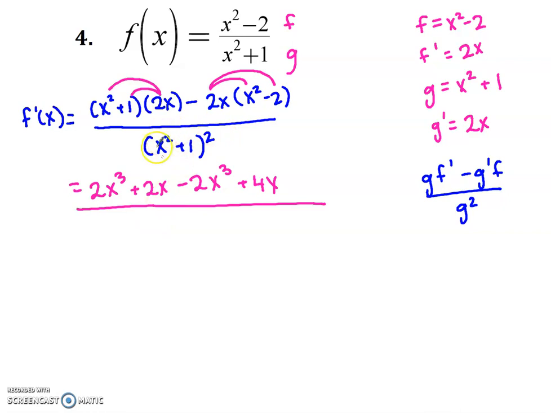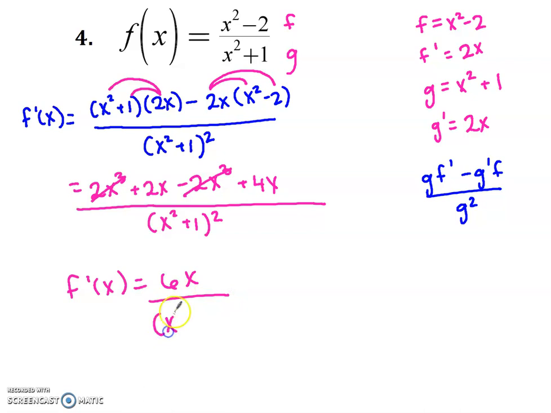You only need to square it if it's just one term, like the last one. So on this one, you can leave it as x squared plus 1 squared. Then the last thing I need to do is just combine like terms. So these will cancel, and then I can add the x's together. So 2x plus 4x will be 6x, all over x squared plus 1 squared.